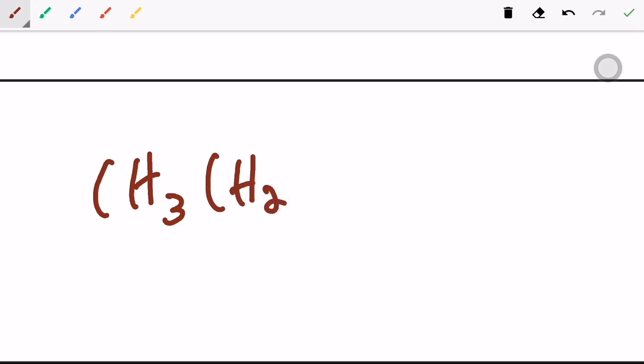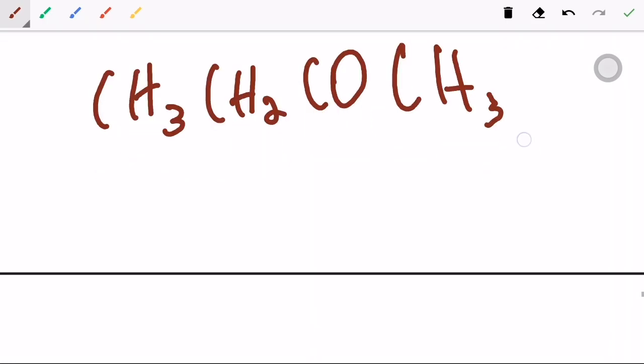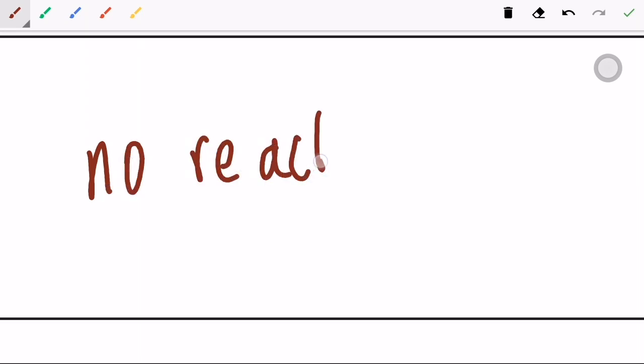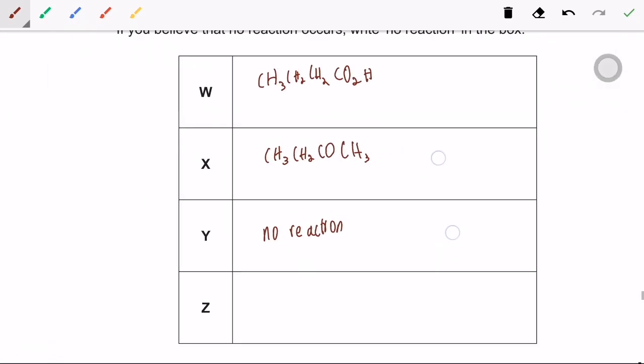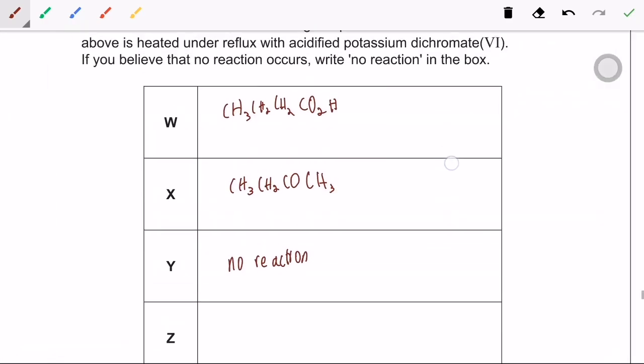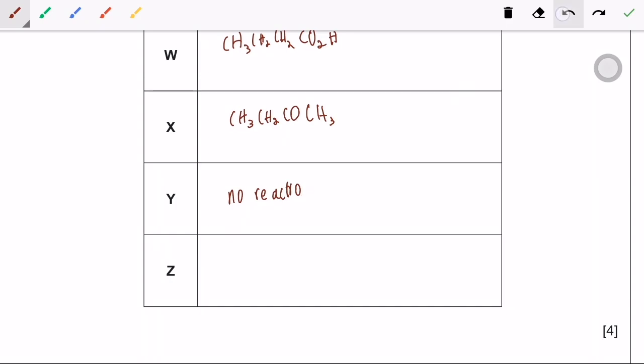Note that they've asked for structural formula. This is what a structural formula is. Do not draw a molecular or displayed formula, because although your answers may be correct, you'll not get a mark. However nicely you write your stuff, you wouldn't get any mark for it.